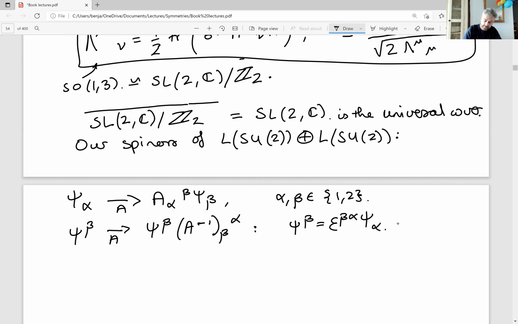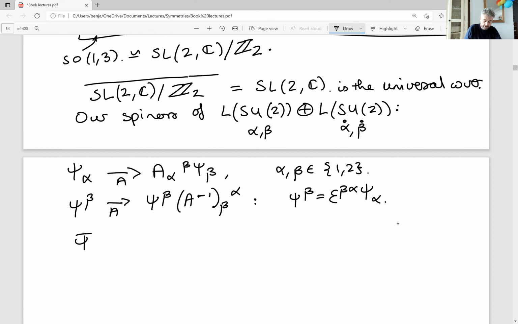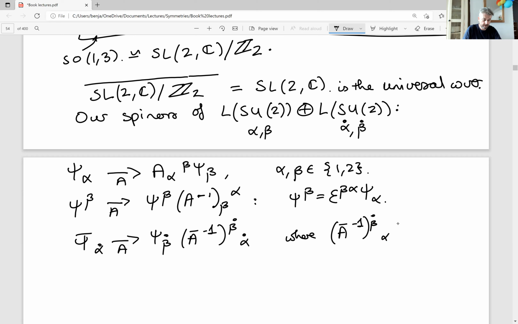For the left-handed one we have indices alpha and beta, etc. For the right-handed SU2, we're going to have indices alpha dot and beta dot, and so psi bar alpha dot under A goes to psi beta dot A bar to the minus 1 beta dot alpha dot, where this A bar to the minus 1 beta dot alpha dot is A alpha beta complex conjugate.